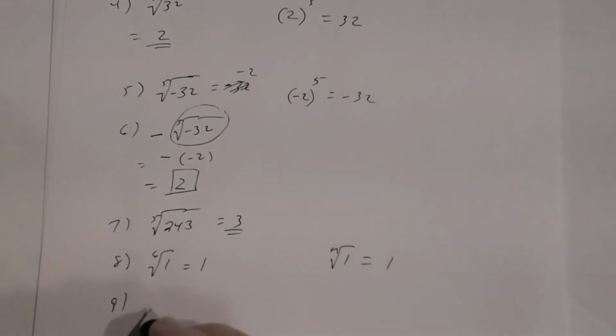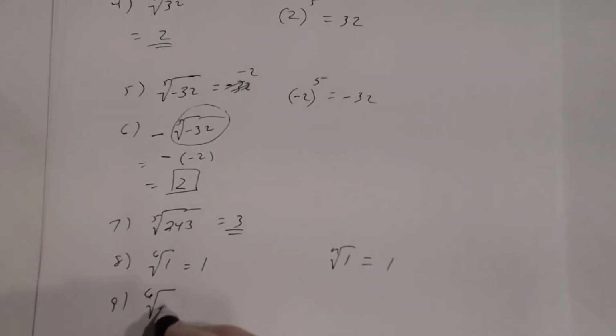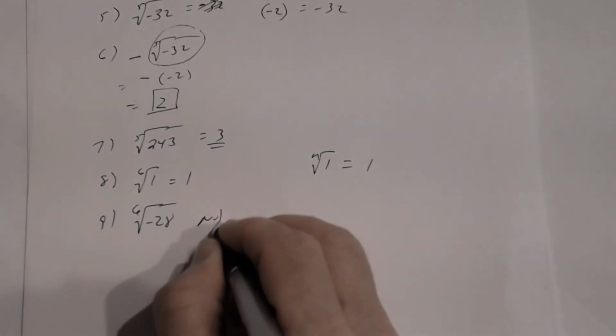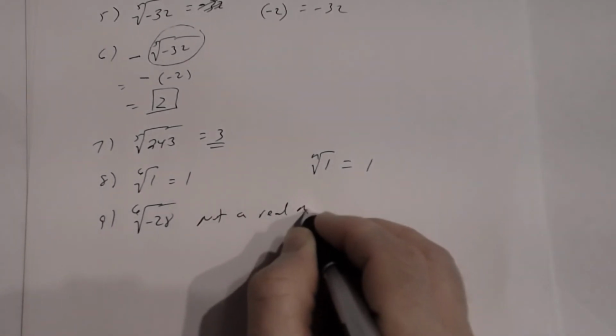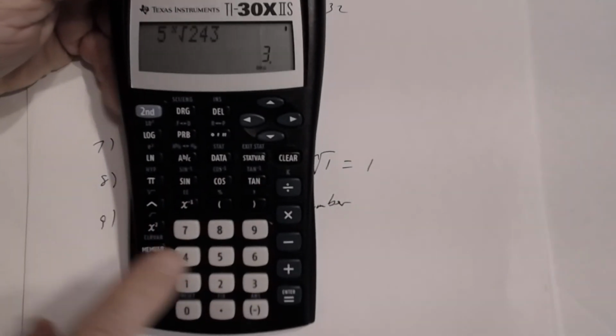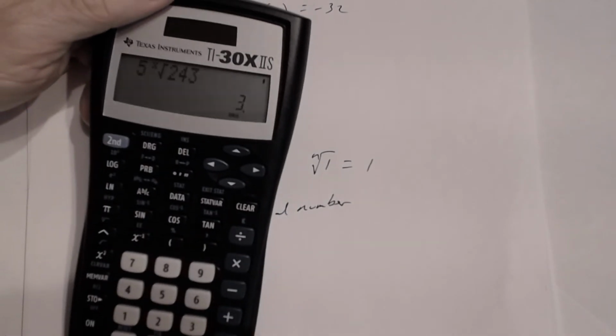Okay, number 9, the 6th root of negative 28. What do you think? Yeah, it's not a real number. And remember, when we did the square root, you can check it. Let's do the 6th root of negative 28 just to show you.